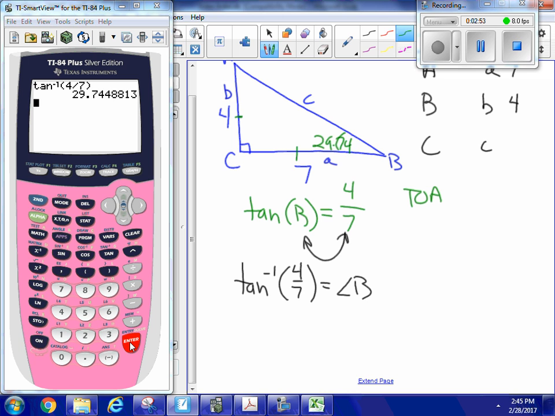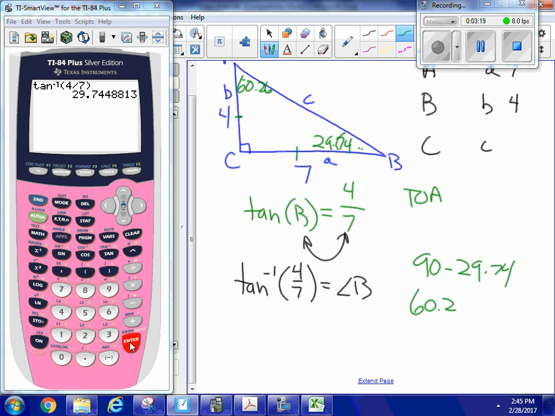Well, I know that the two acute angles inside of a right triangle have to equal 90 degrees. So I can go 90 minus 29.74, and that's going to give me 60.26.